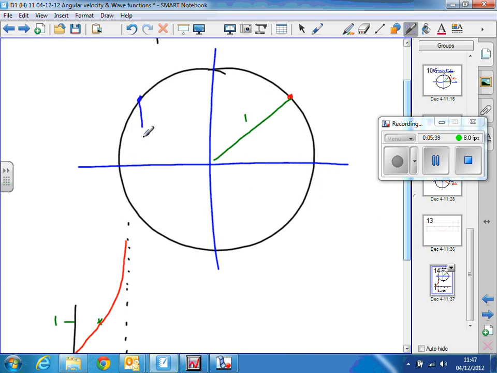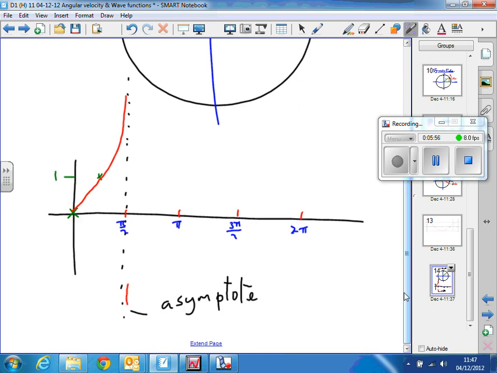When that side is the same as that side, what angle will that be? 90, not quite, it's this angle. 90 plus 45 is 135, so 135 degrees, or radian wise, if that's pi and that's pi over 2, it's 3/4 of pi, then we know that's, sorry, not 1, minus 1, so we're here.